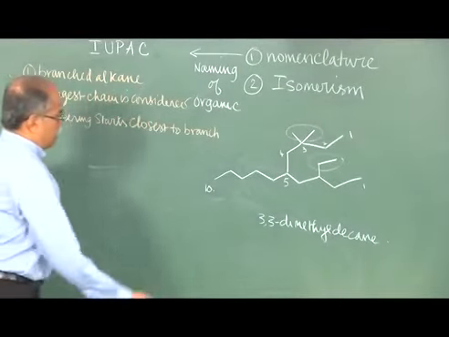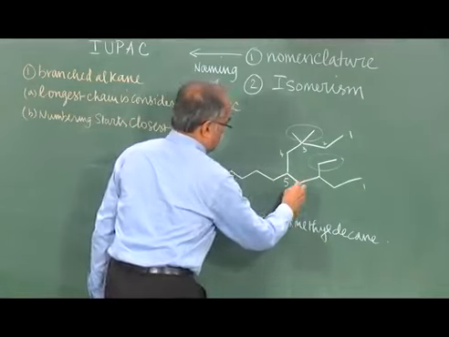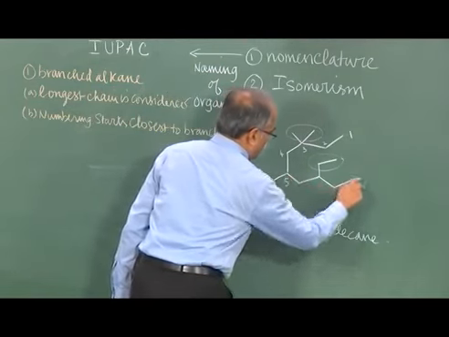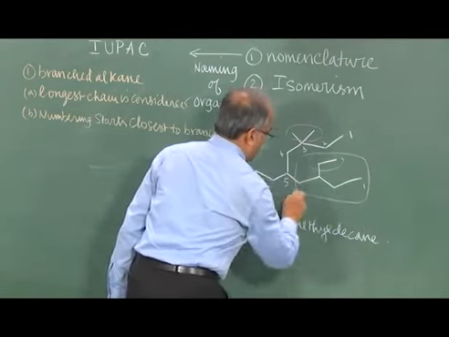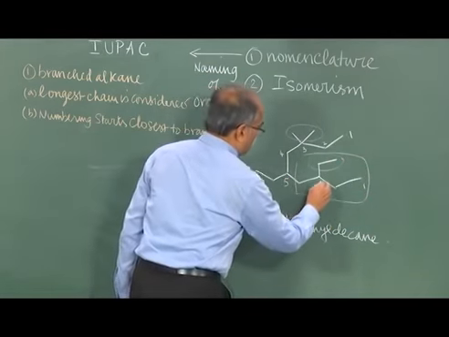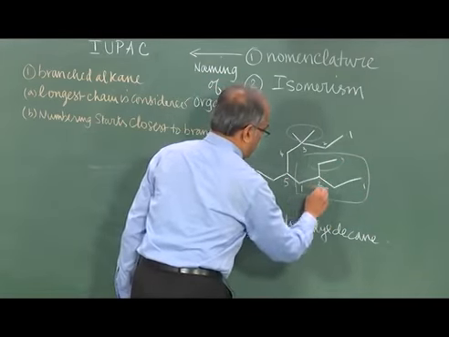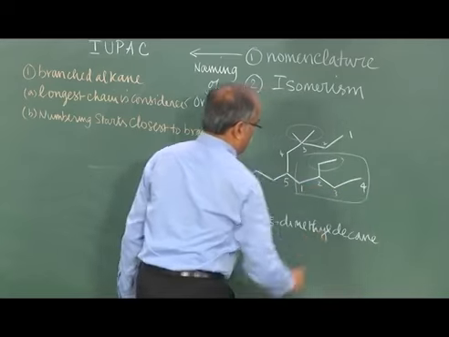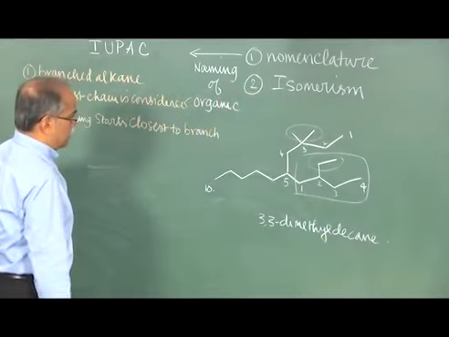But in the 5 position, there is a butyl group, which is 1, 2, 3, 4. In the butyl group, in the 2 position, starting from number 1, there is an ethyl group.